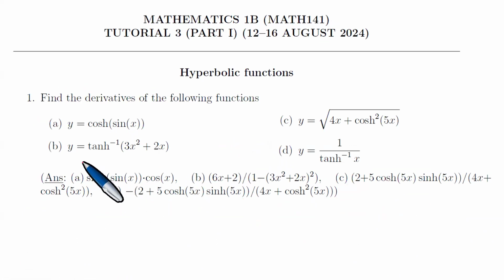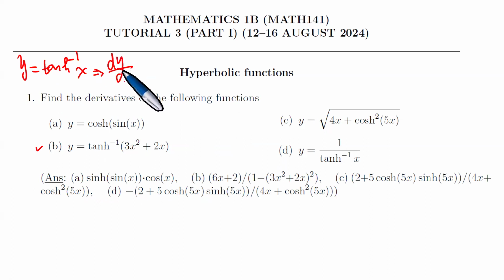Okay, we have here in part B this derivative, but now in part B, we have to take note of the following things. y equals arctanh x. This has the implication of the fact that dy/dx is 1 over 1 minus x squared, where the modulus of x is smaller than 1. Take a look at that.